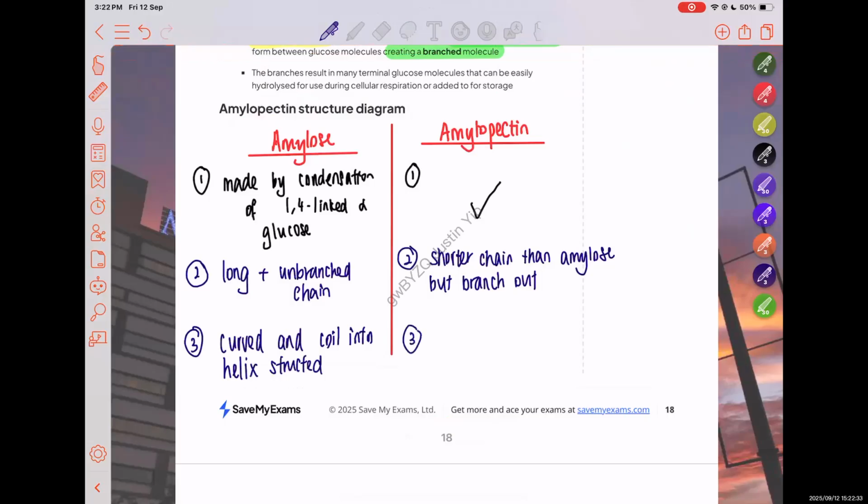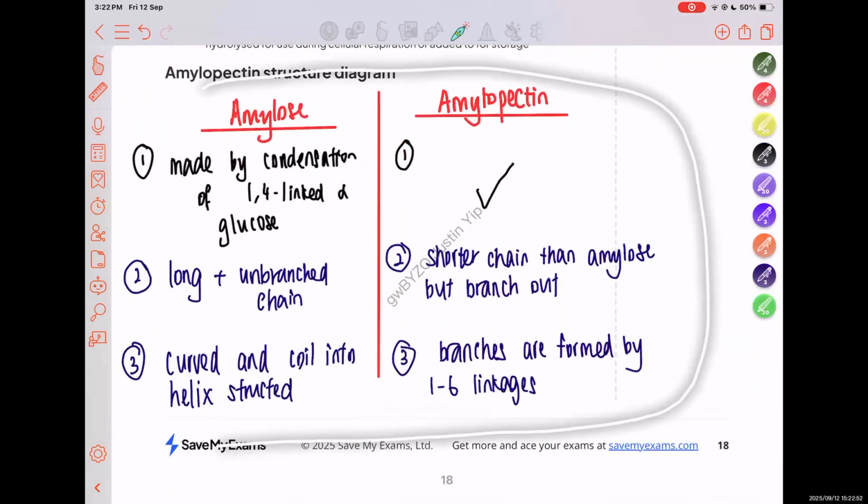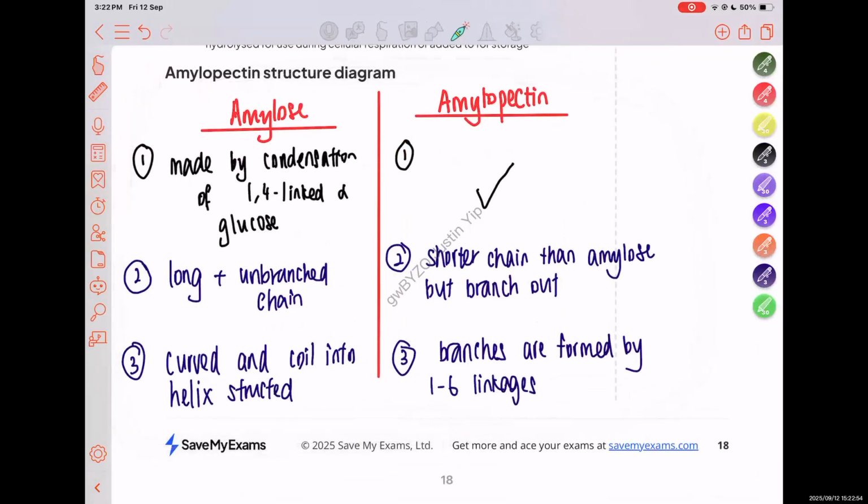While for amylopectin, the branches are formed by 1,6 linkages. So this is your amylose and amylopectin summary.